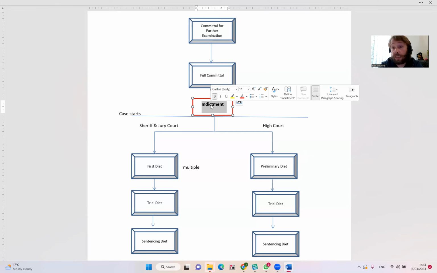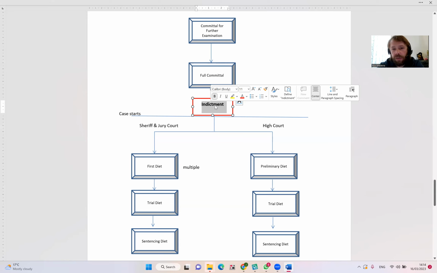In a solemn case, it's called an indictment. And it can be used as a verb as well. You'll quite often hear the expression, oh, the person was indicted for the crime of human trafficking, for example. That means that person was prosecuted under solemn procedure for the case of human trafficking.